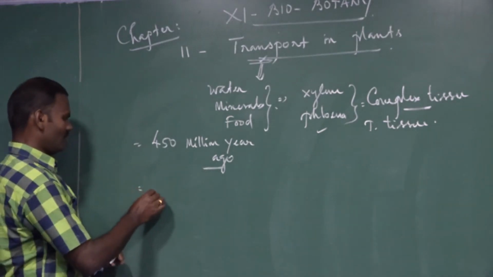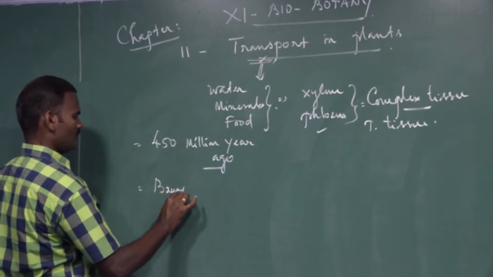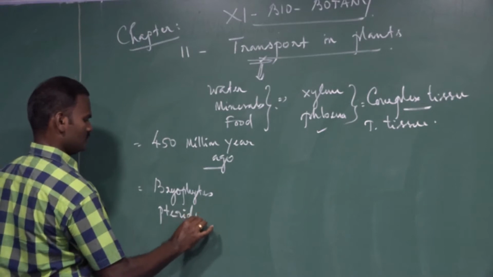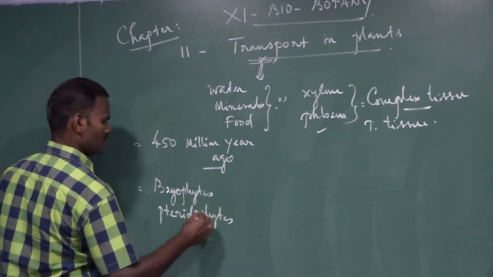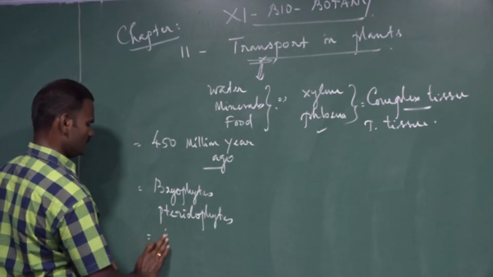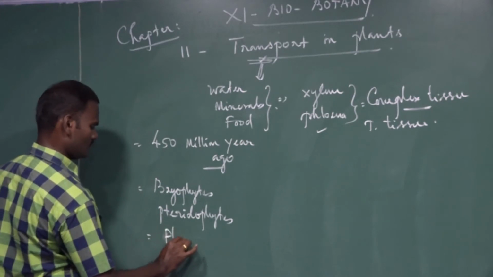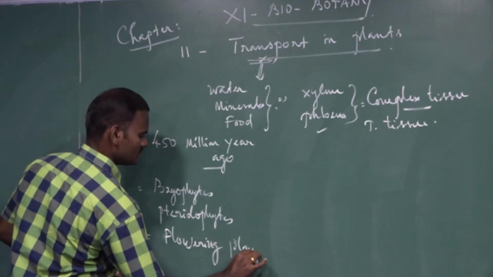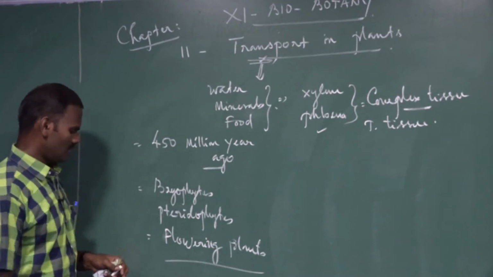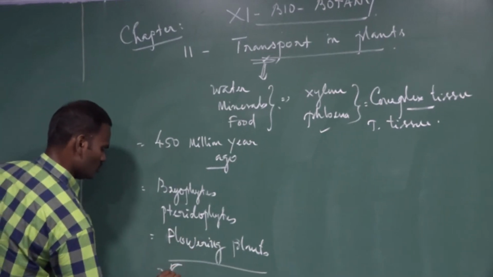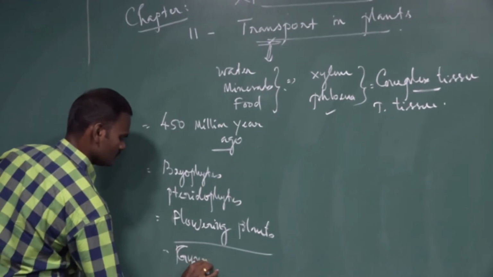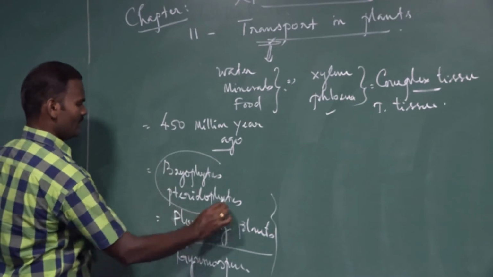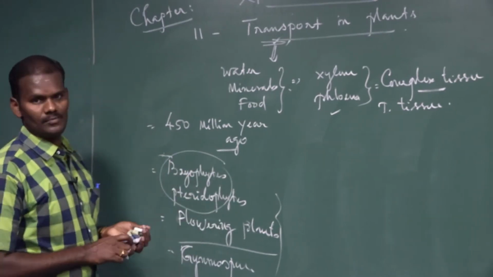In most primitive plants, for example bryophytes, pteridophytes, and present flowering plants, and in addition to that, gymnosperms. Among these, the bryophytes and pteridophytes are the most primitive land plants.